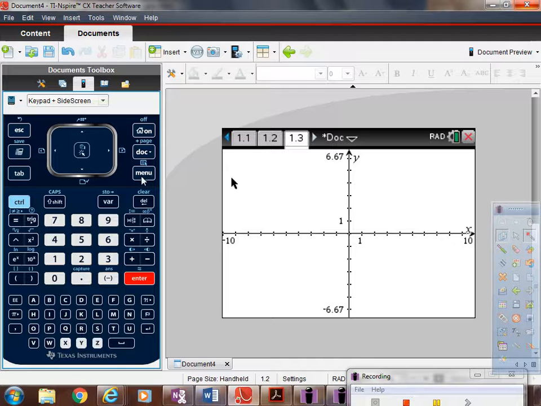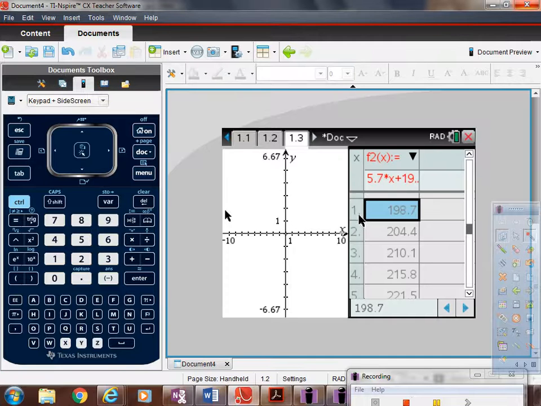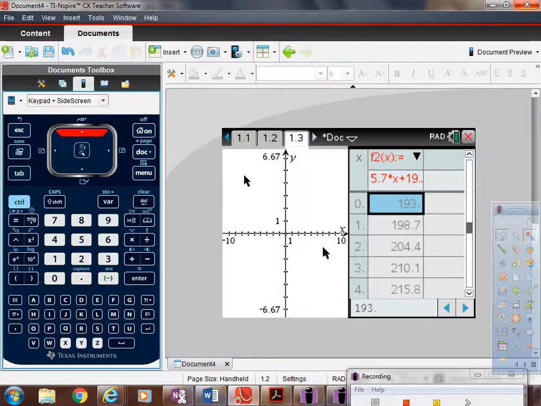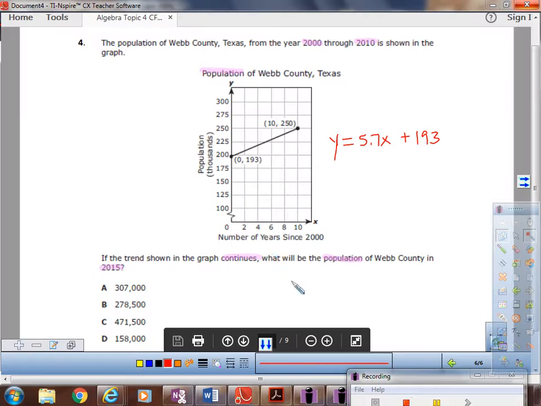But what we really just need to see is the table. And that's Control T for table. And then remember, if you look back at the problem, it said the number of years since 2000. So this 0 represents 2000, and so 2015 would be wherever 15 would be.